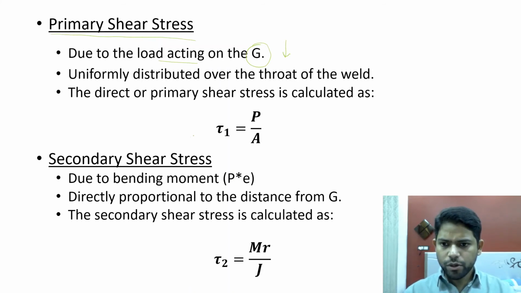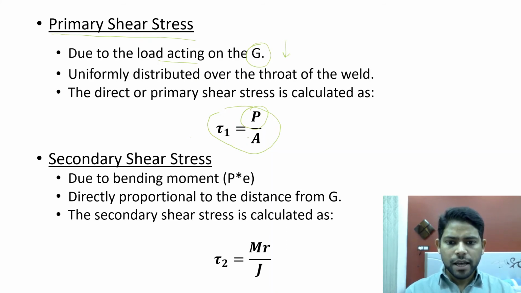The magnitude of the primary shear stress is calculated as the ratio of the load acting at the center of gravity of the welds and the area of all the welds.